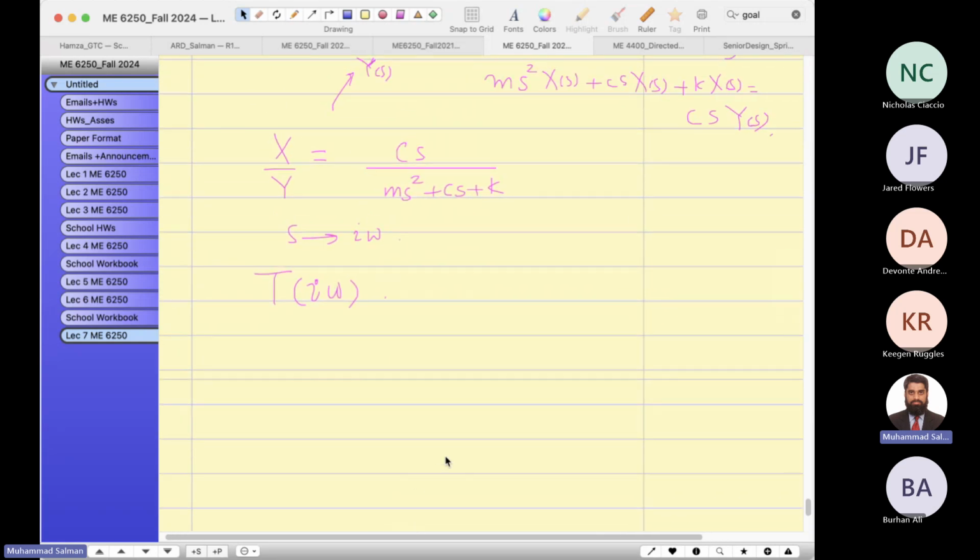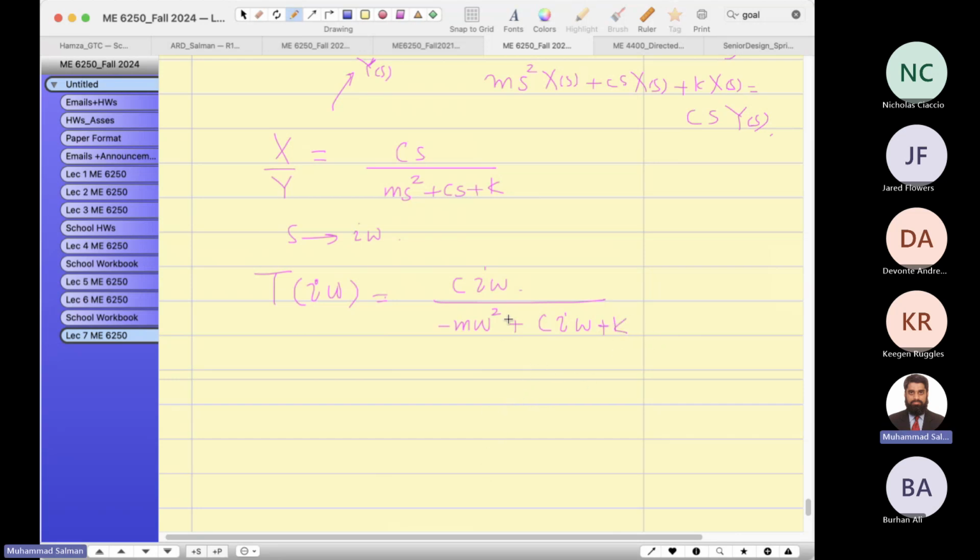First, you derive the equation of motion, take the Laplace transform, replace s by iota omega, and then find the Bode plot. If you do the math here, you should get c iota omega over minus m omega square plus c iota omega plus k.